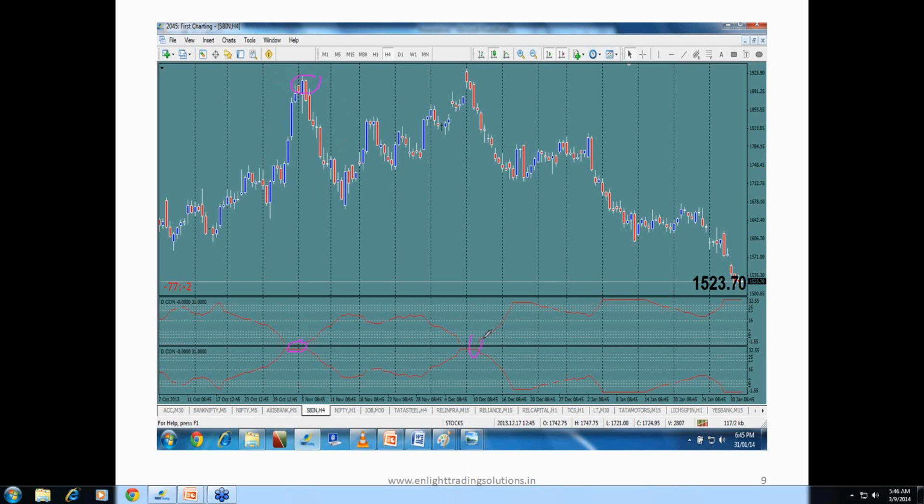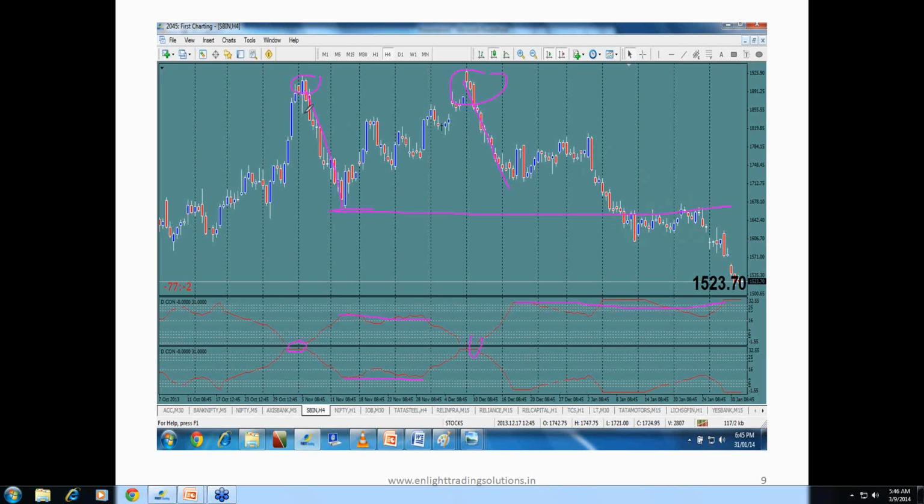Same thing here. This is the real high of the market. The market tends to come down after this. But when this low happened, the convergence was not at its extreme. It means that this low is going to be broken sometime later. That's what happened. When this convergence traveled to its extreme area, this low got broken.